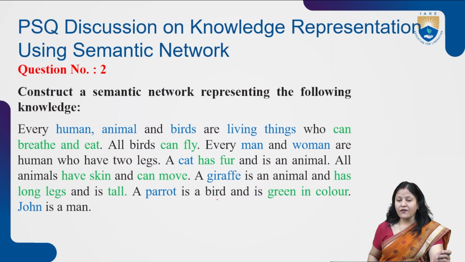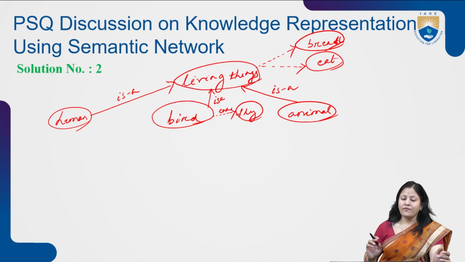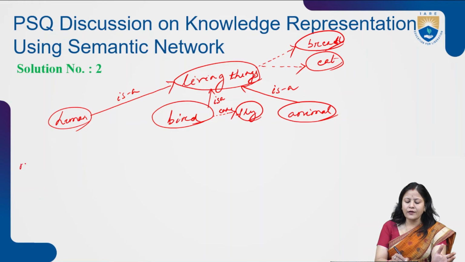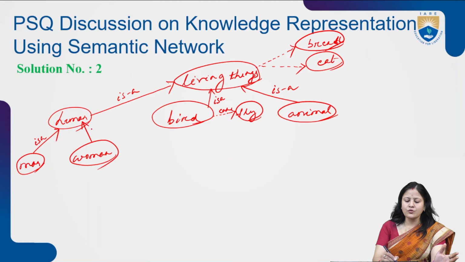Next one is: every man and woman are human who have 2 legs. Every man and woman are human, that means I'll create 2 classes: one is the man class, another one is the woman class. A man is a human, so the relation is is-a, and a woman is also a human, the relation is is-a.